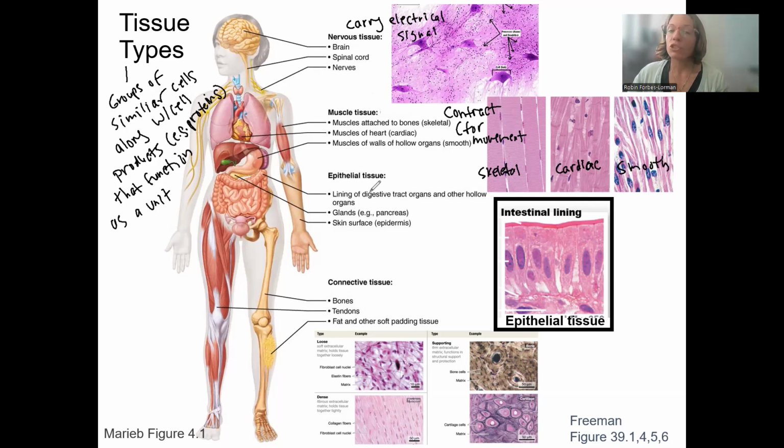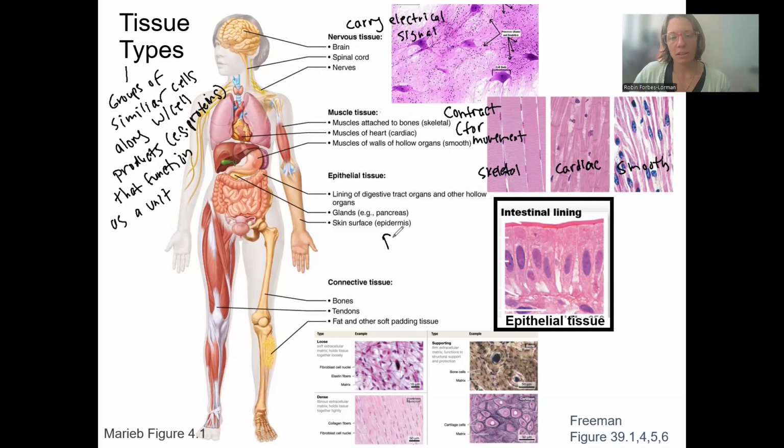Okay, then the two we're doing first are epithelial and connective. Epithelial, these both have a little more diverse functions. Epithelial tissue is found in the lining of the digestive tract, so superficial to the smooth muscle and other hollow organs, glands, and also it's your skin, the surface level of your skin.